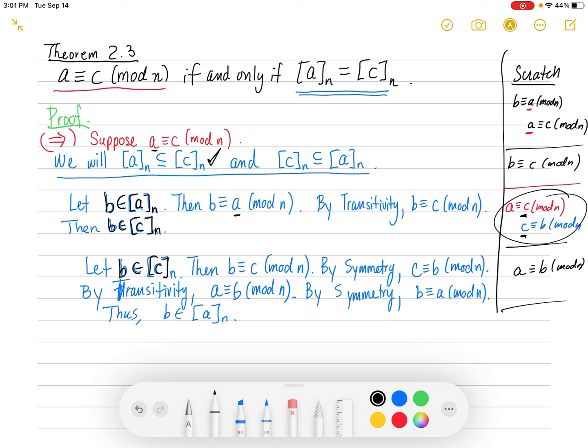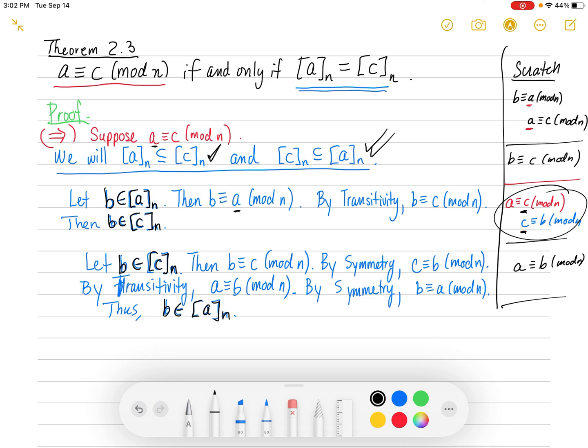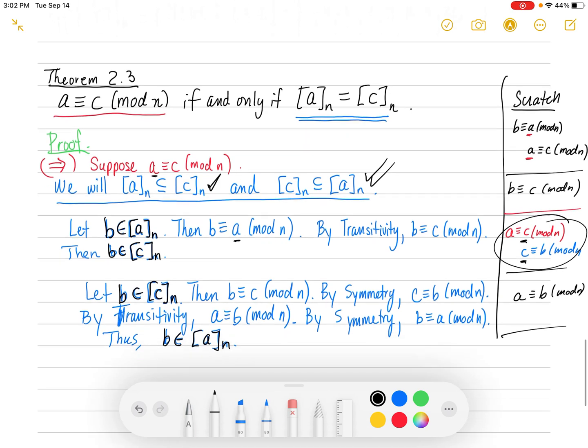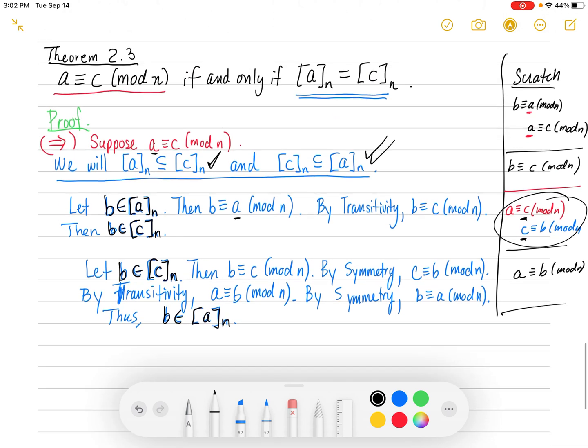So we started off with B as an element of the congruence class of C mod n, and we're able to show that same B is an element of the congruence class of A mod n. So that tells us precisely the second check mark right here, that C's congruence class is a subset of A's congruence class. So that shows the forward direction, right? If you've got the two subsets, then A's congruence class and C's congruence class are the same.